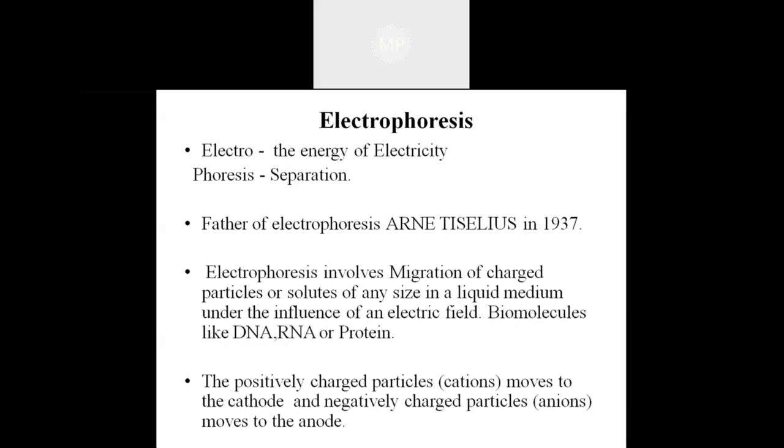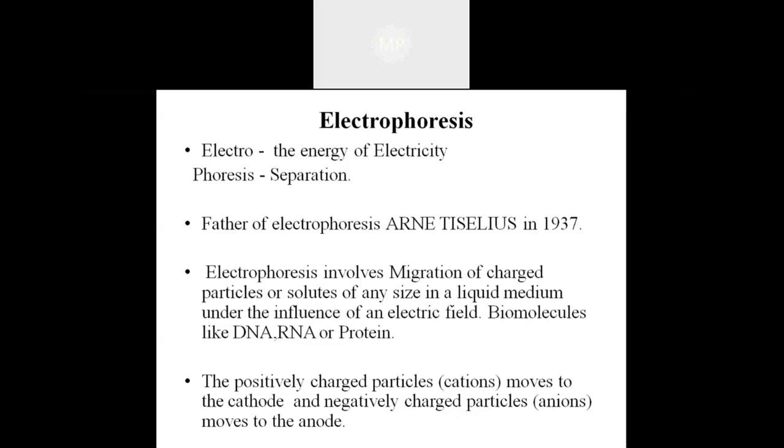In 1937, Arne Tiselius first introduced the term electrophoresis and was regarded as the father of electrophoresis. The term comes from electro, which means the energy of electricity, and phoresis, which means separation. It is a technique used to separate biomolecules like DNA, RNA, or protein according to their size and charge.